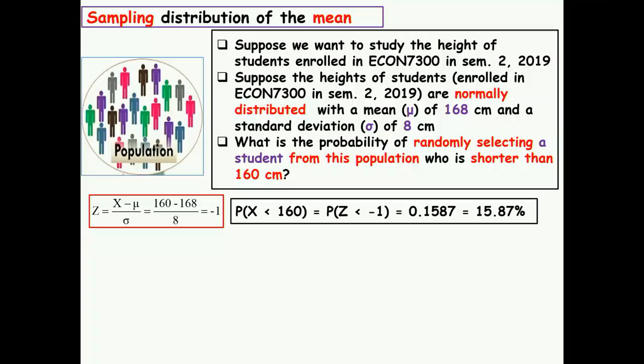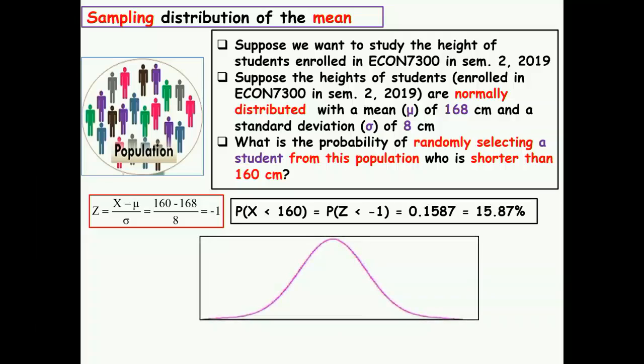So this is what we did before. This is the X scale. This is the mean, 168, and this is 160. This is the X scale. I converted X scale to Z. So what is the Z value here at the center? Z would be equal to? Who will tell me Z at the center? Z equal to? 0.